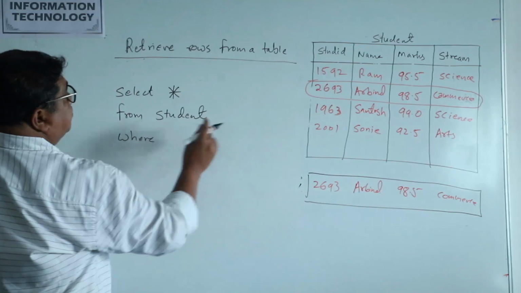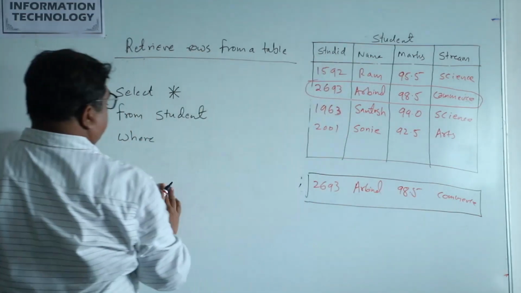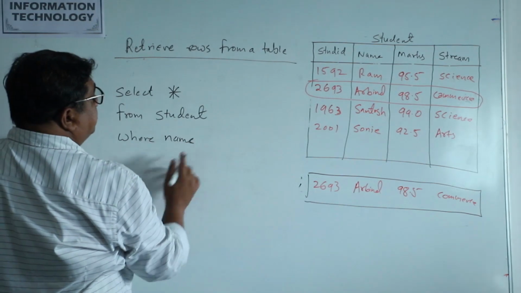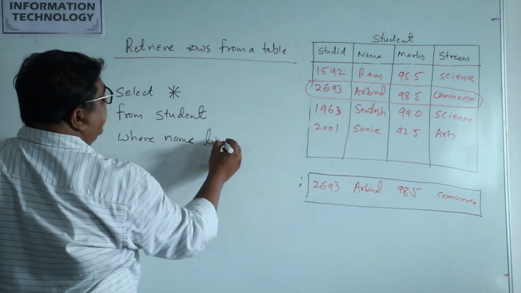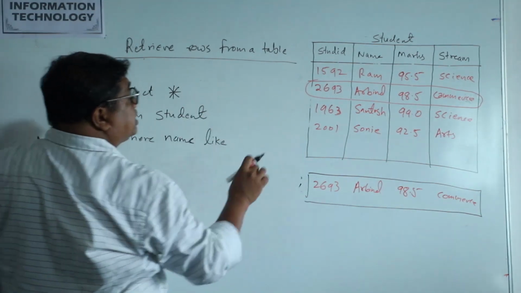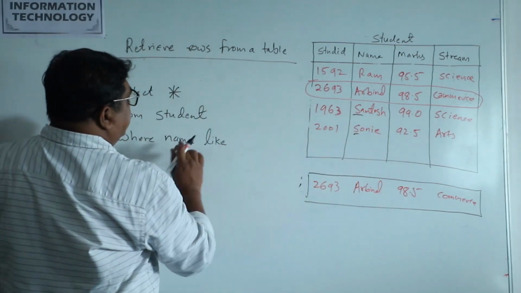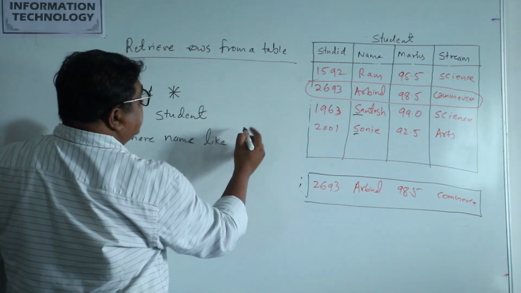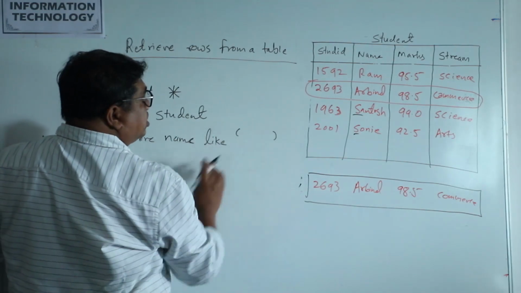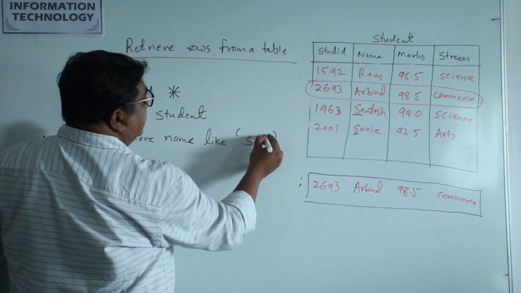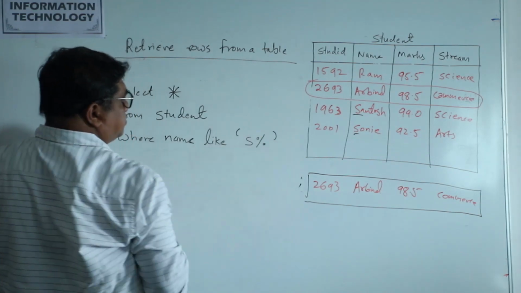The condition is given for the column name, where name, we will use the operator like, and it should start with S. So name like, and since it's a character column, I will write 'S%'.